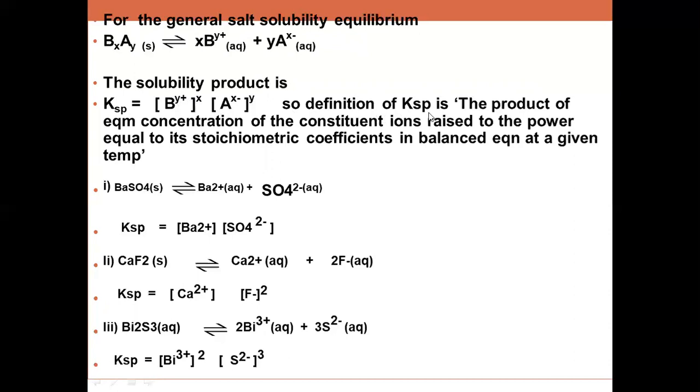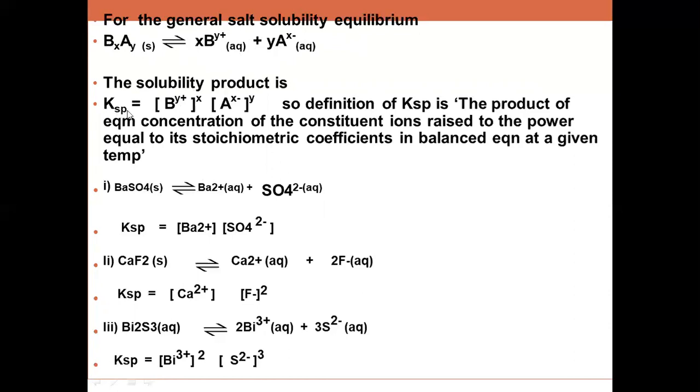So the definition of Ksp is the product of the equilibrium concentrations of the constituent ions, raised to the power equal to the stoichiometric coefficients in the balanced equation at a given temperature. That means this is the balanced equation. Here x and y are the stoichiometric coefficients, B and A are the elements, and y+ and x- are the ions.